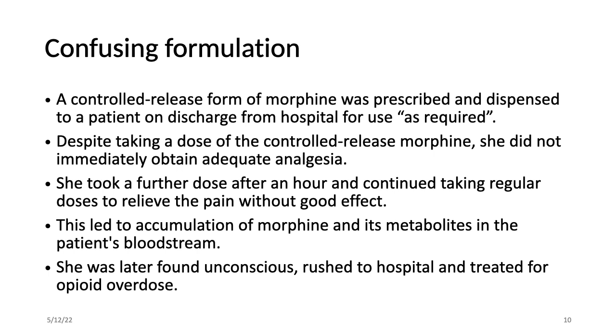She took an extra dose after 1 hour, and as she continued to have pain, she took another dose every hour. This led to accumulation of morphine and its metabolite in the bloodstream. Later the patient was found unconscious, rushed to the hospital and resuscitated in the ICU for opioid overdose.